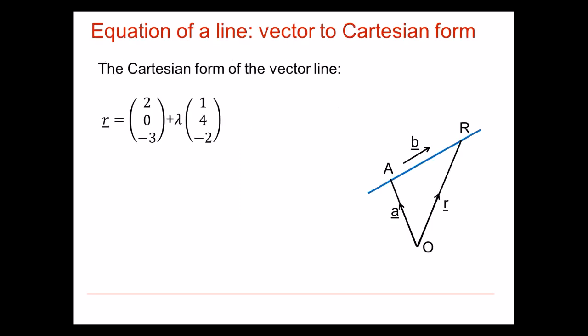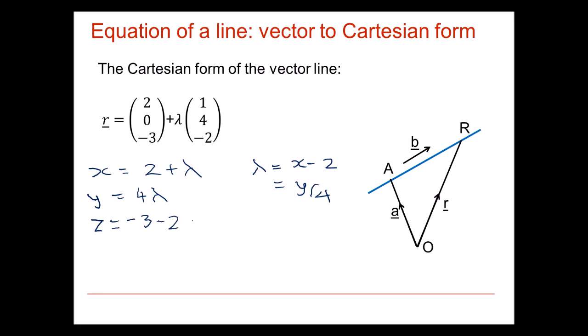Here's an example finding the Cartesian form of a vector line given, remembering that a, to get onto the line, is (2, 0, minus 3), and that the direction b is the (1, 4, minus 2) vector. So x will equal 2 plus lambda, leading to lambda equals x minus 2. y just equals 4 lambda, so that also then equals y over 4, and z will equal minus 3 minus 2 lambda.